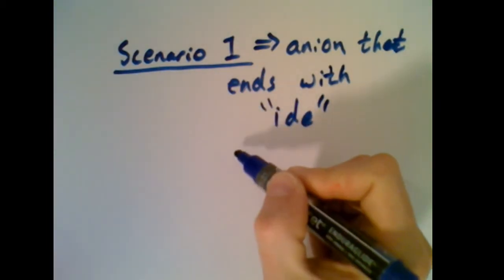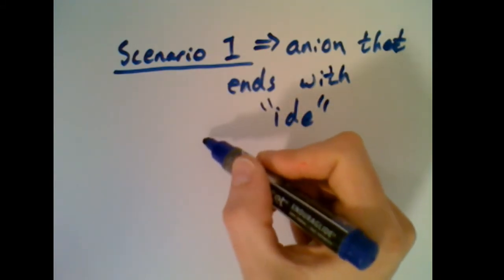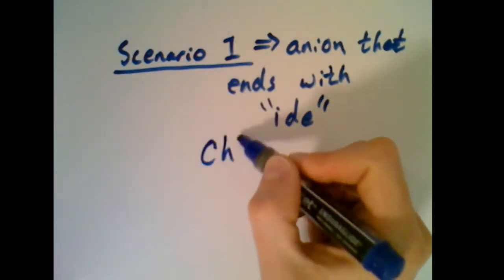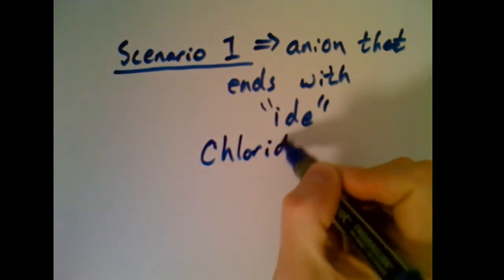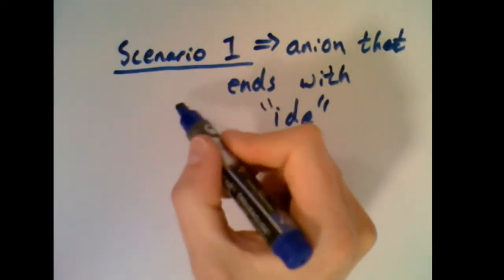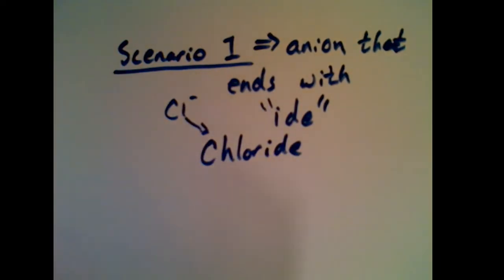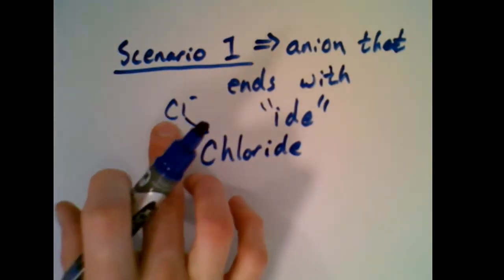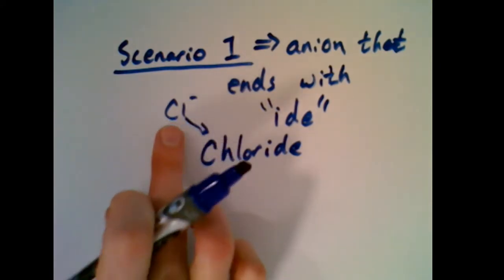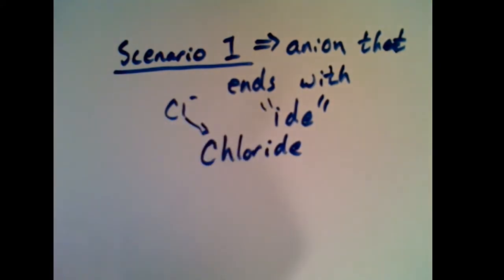To give you an example, this would be something like chloride. So chloride is Cl-. Typically what we're talking about is monoatomic anions, single atoms with a charge.